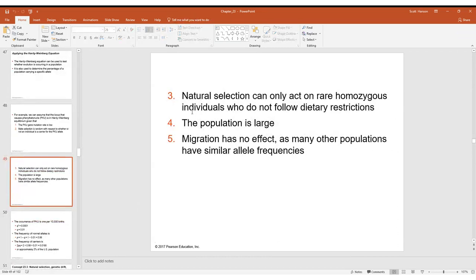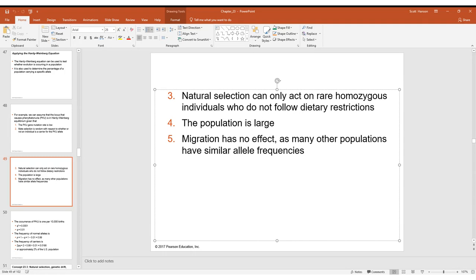Also, going through the rest of the criteria for Hardy-Weinberg equilibrium, natural selection can only act on rare homozygous individuals. Since the allele that causes PKU is very rare in the human population, that means that being homozygous for it would be extremely rare.